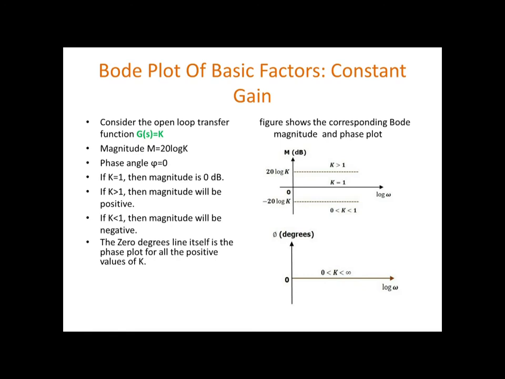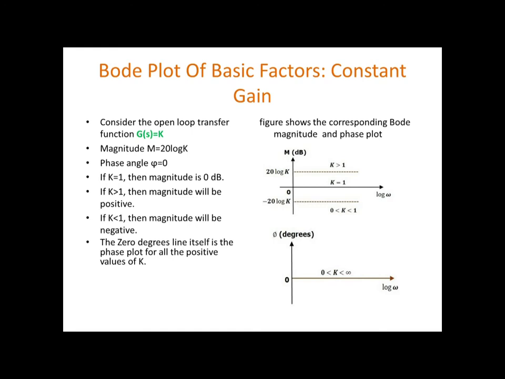So, the Bode plot is the horizontal line that is parallel to this real axis at that value level. If we consider that K is equal to 2, we have to find the value of log 2 and then 20 log 2, and that will be the value of this portion. So, the Bode plot will be the horizontal straight line at that level in dB.